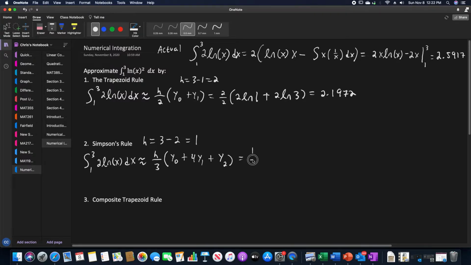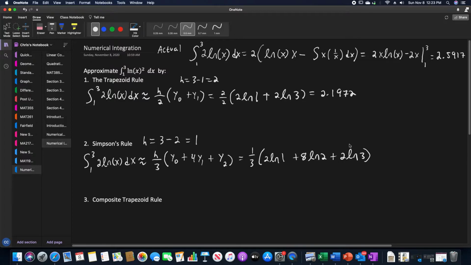So this would be 1/3 times 2 times the natural log of 1 plus 4 times 2, so 8 times the natural log of 2, plus 2 times the natural log of 3.